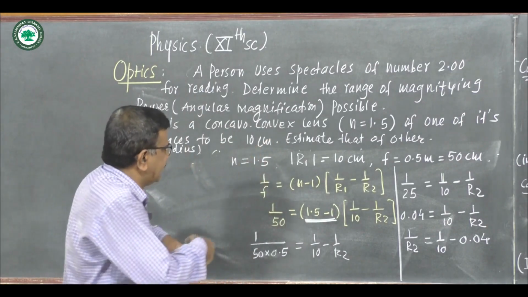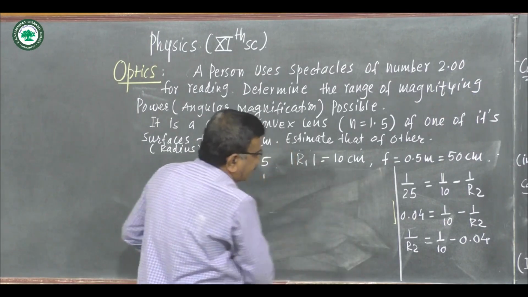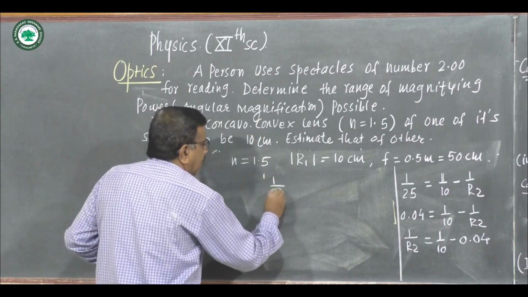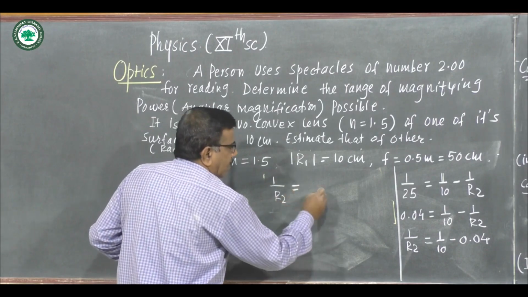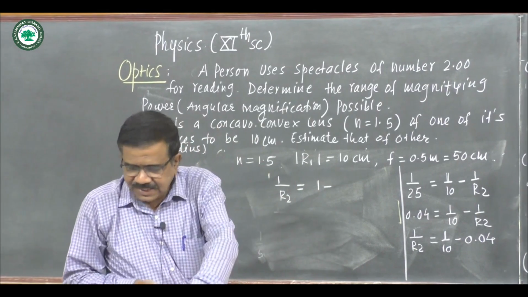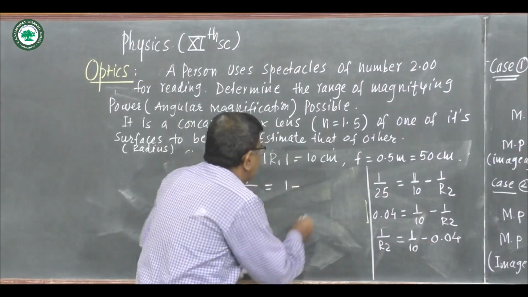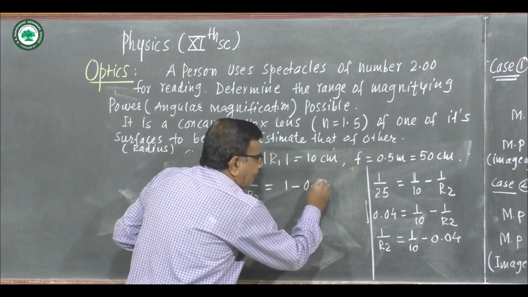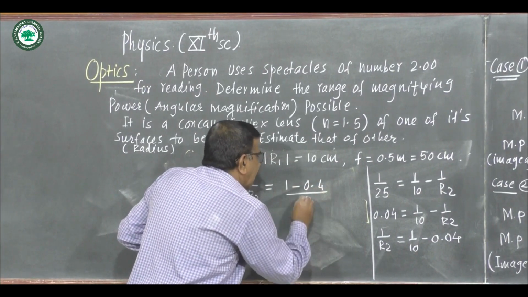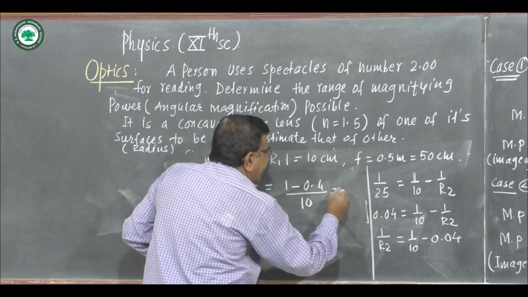Next step, 1 upon R2 is equal to (1 minus 0.04 into 10) upon 10, that is 0.6 upon 10.